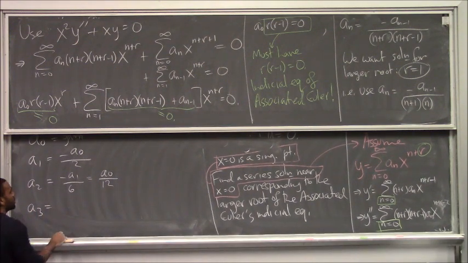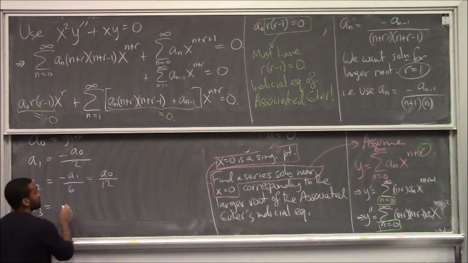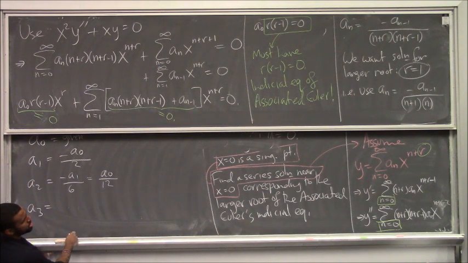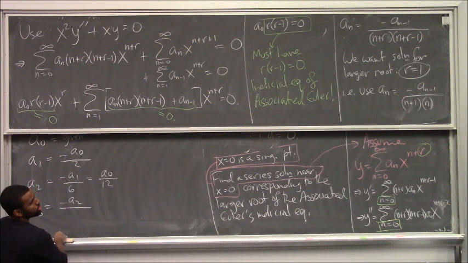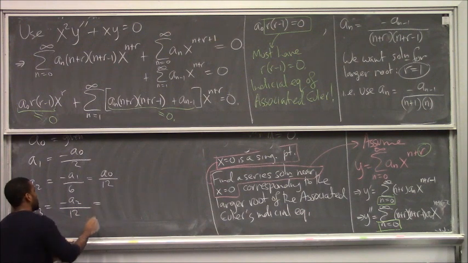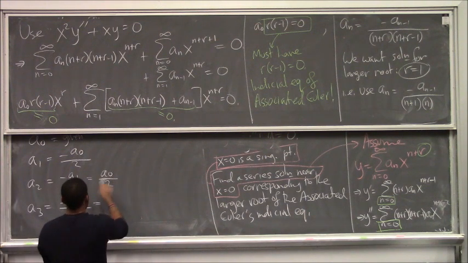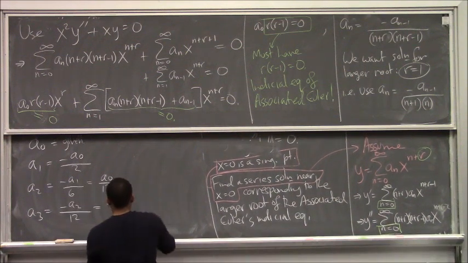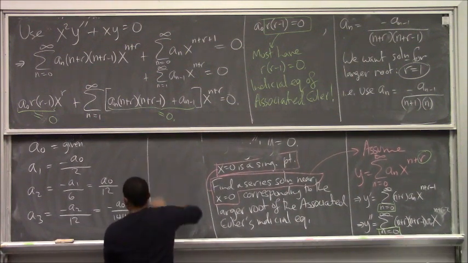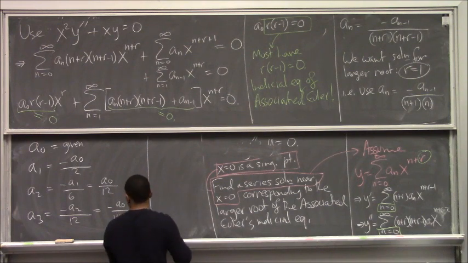A3 is going to be, plug in 3 for n, minus A2 over 12. This is going to be, if I plug in A2, minus A0 over 144. Yeah, that's not a nice pattern, so let's just stop there. At least I don't see a nice pattern.